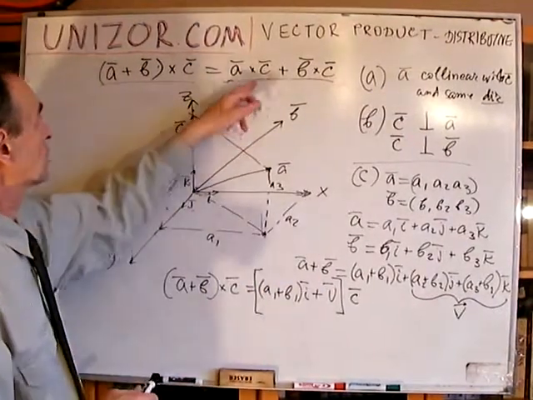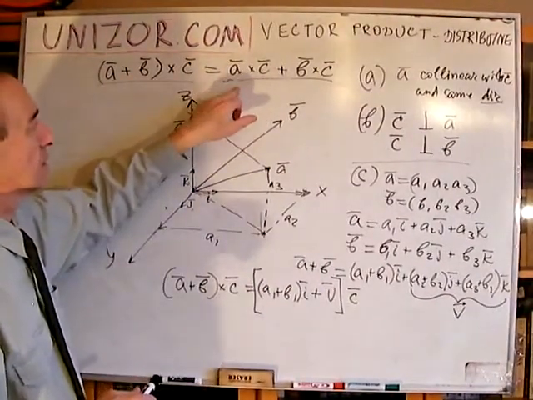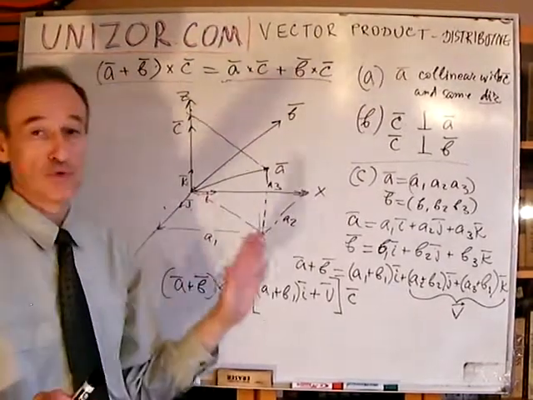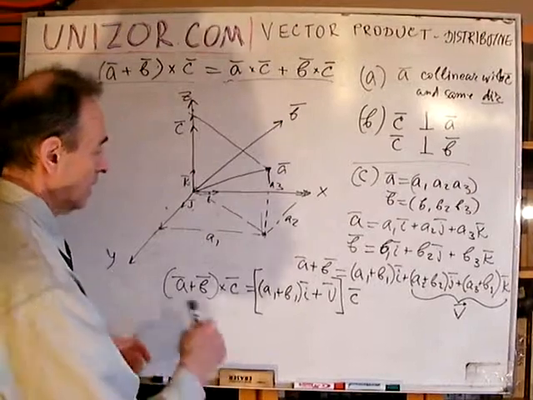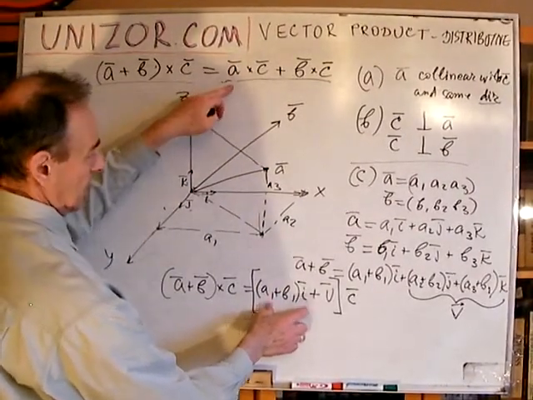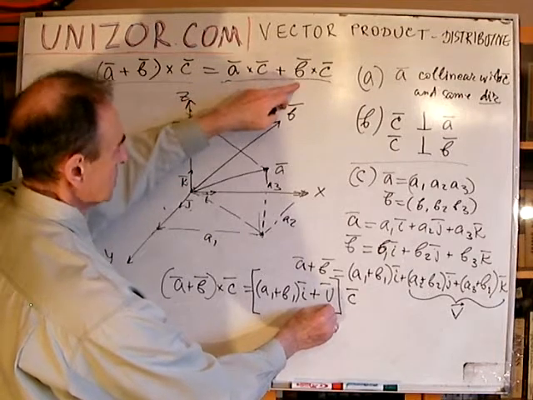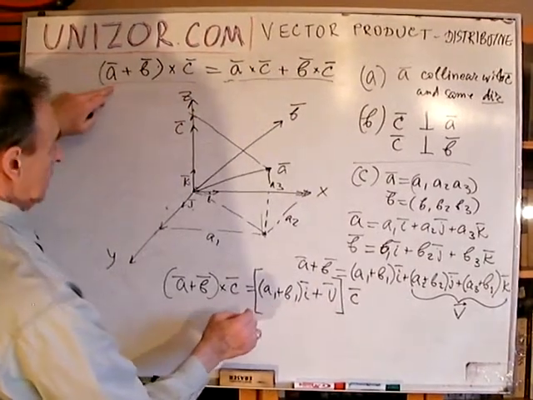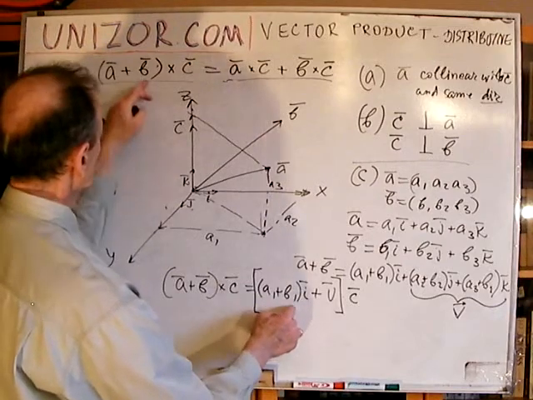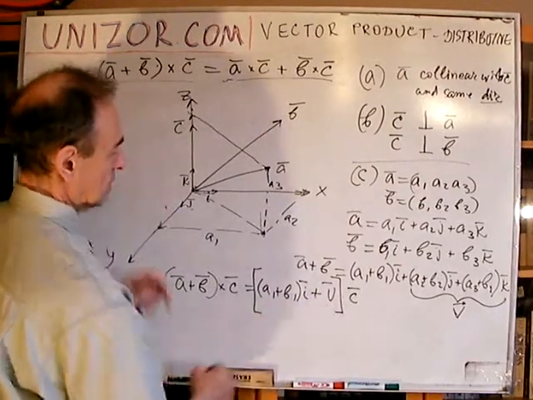Now the first property says if A is collinear with C, then this is a true statement, right? Now I will consider this as my A, this as my B. So A would be this one and B would be the B.